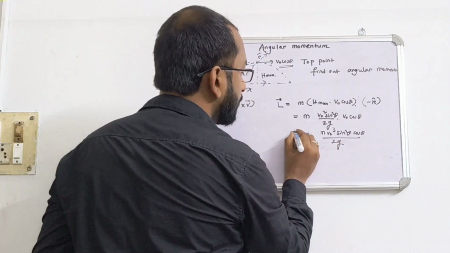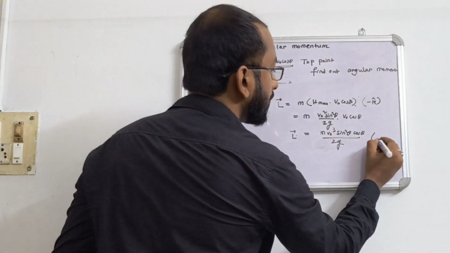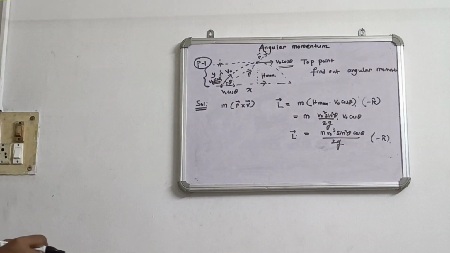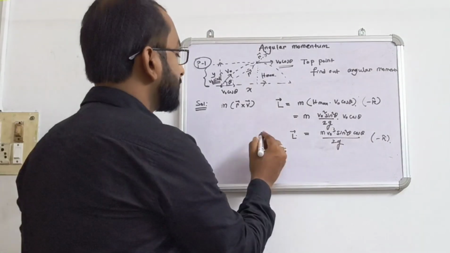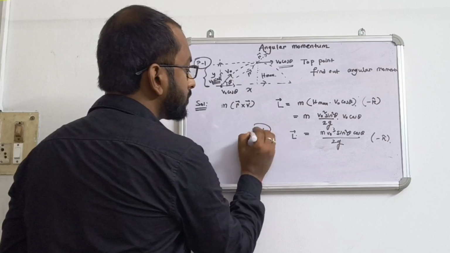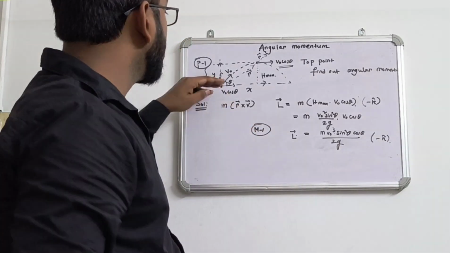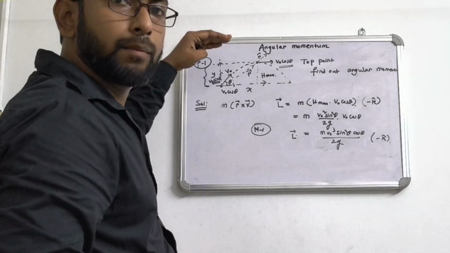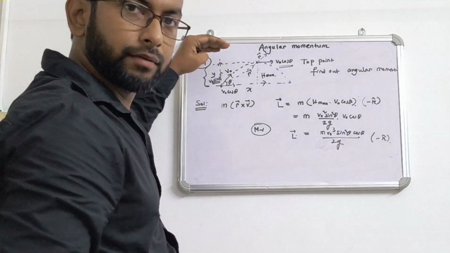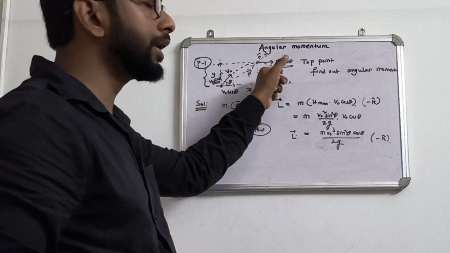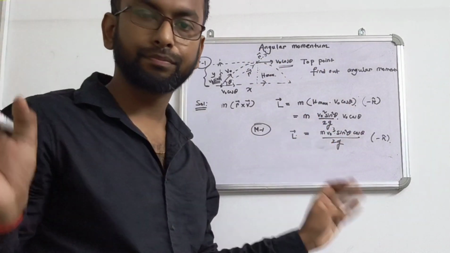That is the angular momentum vector, and if we write the direction, it is minus k. That is one method, method 1. Method 1 is we have to draw one perpendicular to the momentum vector or the velocity vector, and we multiply the perpendicular distance with that momentum, and we will get the angular momentum.